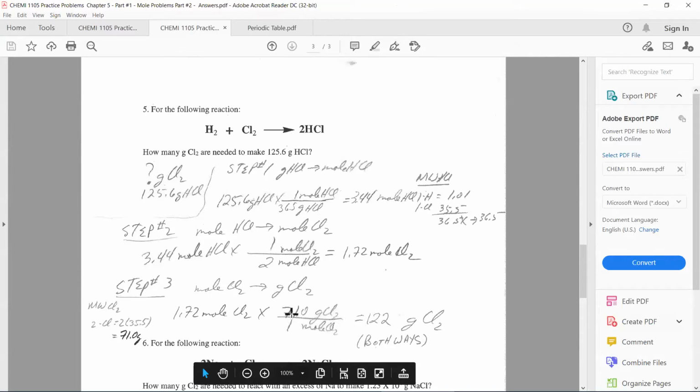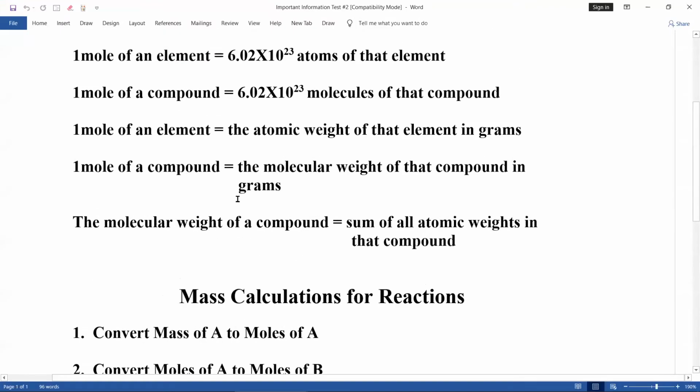And where do I get a relationship between moles of a compound and grams of a compound? 1 mole of a compound equals the molecular weight of that compound in grams, and the molecular weight of that compound is the sum of all atomic weights. So first I have to get the molecular weight, then I can use this in my ratio.